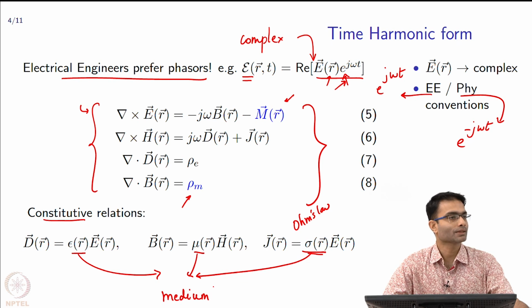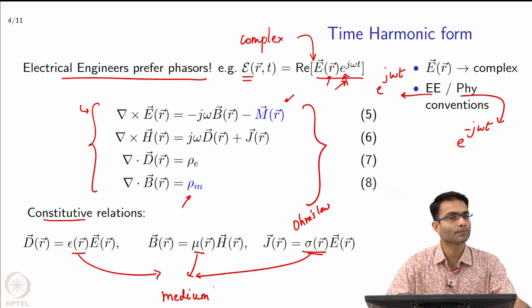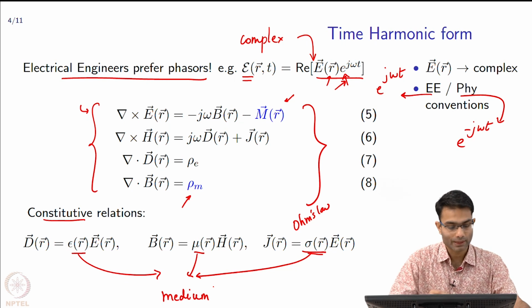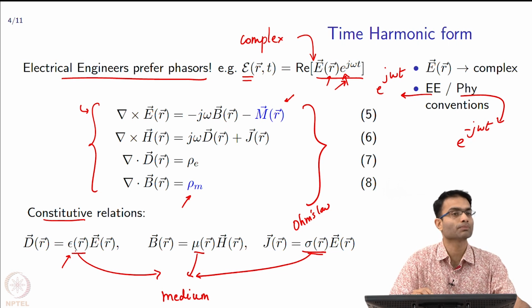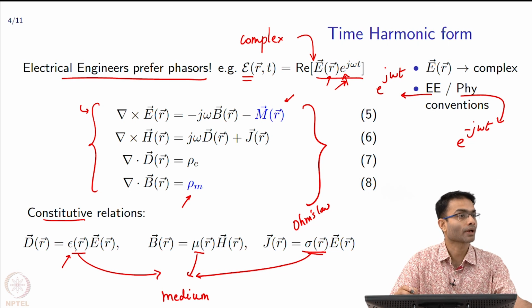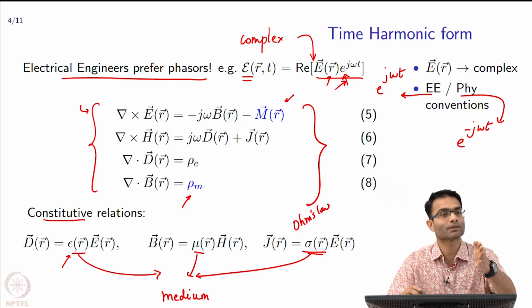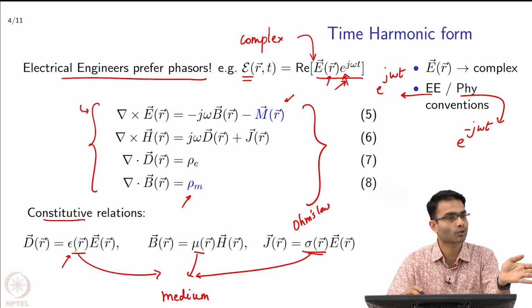What I have written is a very simplified version of material properties. In the strictest sense, these equations are wrong, and we will correct them as we go further in the course. For example, this seems to be a simple constant, but actually it could be a tensor for anisotropic media. In optics, a wave travels differently in one direction than another; anisotropic things are there.